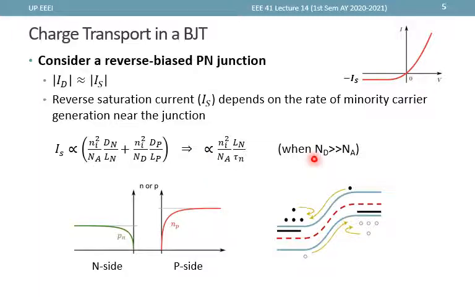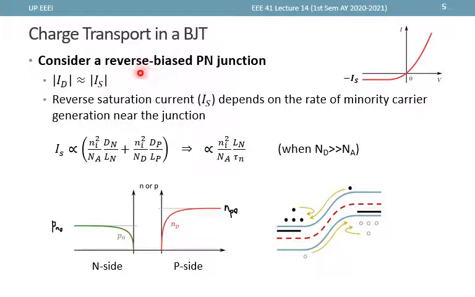So in this example, we have the N side at the left and P side at the right side. And since ND is much greater than NA, then the minority carrier equilibrium concentration is lower at the N side because the doping concentration there is higher compared to the P side.